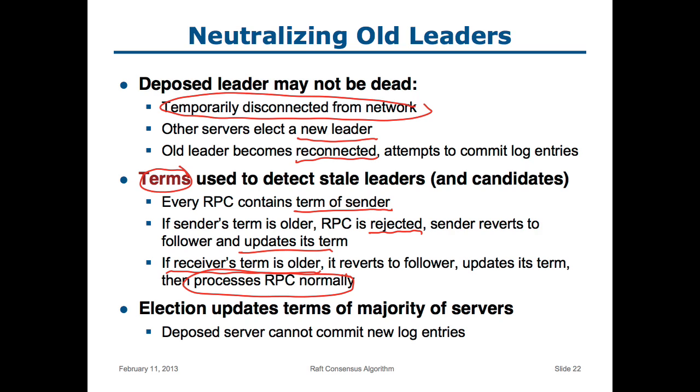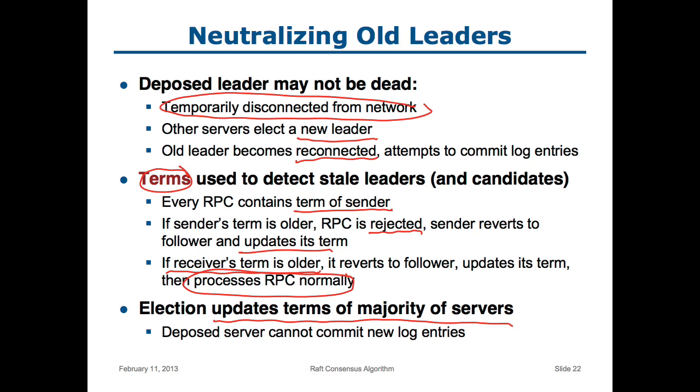That is, when a candidate requests votes and it has to talk to a majority of the servers to do that, it will include the term for its candidacy in those RPCs. And so all of those recipients will update their terms to match that of the candidate. And so as a result, by the time a new leader is elected, a majority of the servers in the cluster reflect that new term.